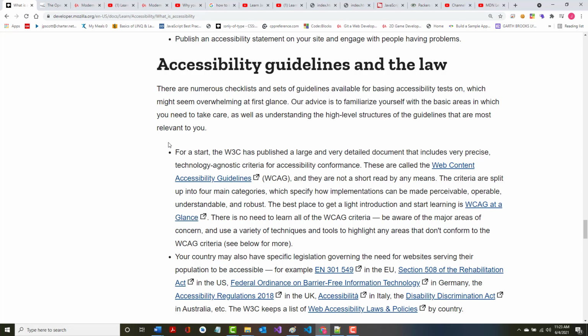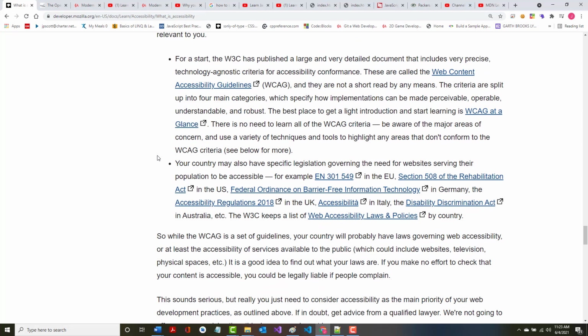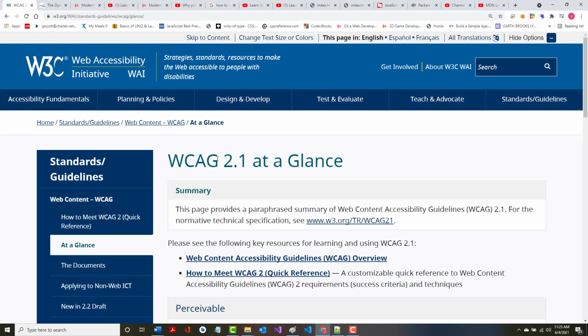All right, accessibility guidelines and the law. There are numerous checklists and sets of guidelines for basing accessibility tests on. For a start, as mentioned there, the W3C has published a large and detailed document with all sorts of technology agnostic criteria called the Web Content Accessibility Guidelines, again, WCAG. It says the best place to start is this light introduction, which is WCAG at a glance.